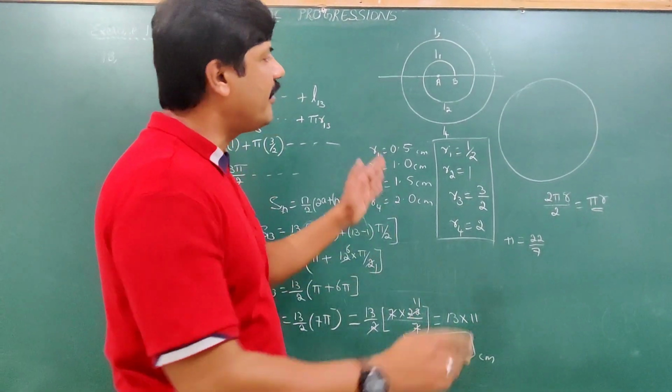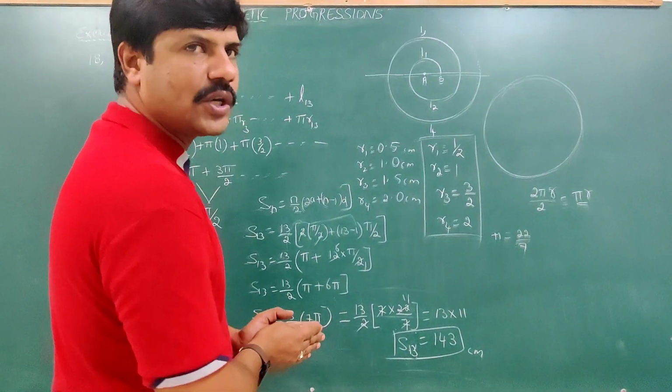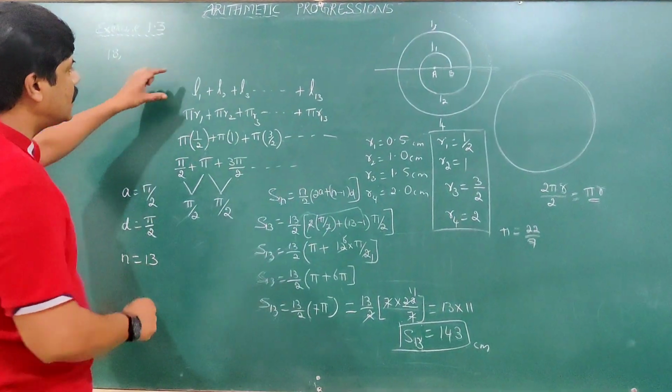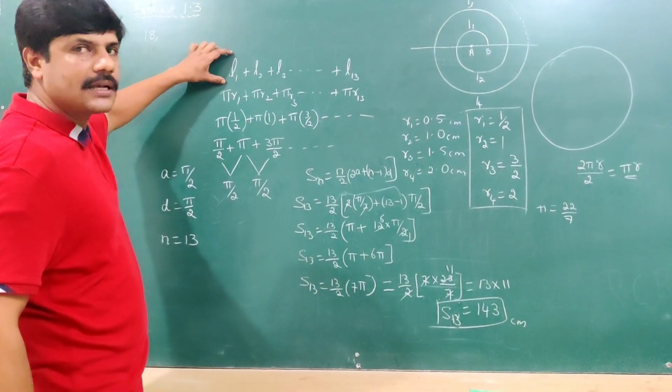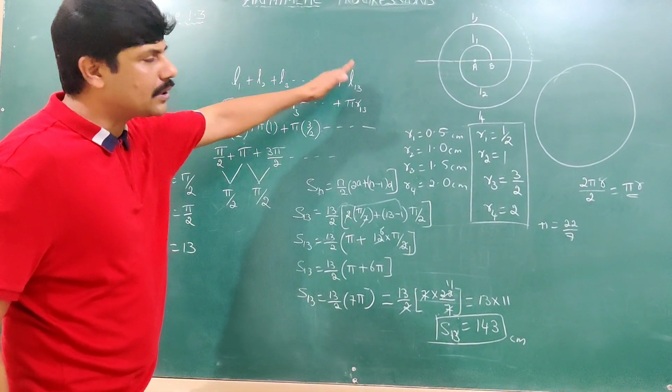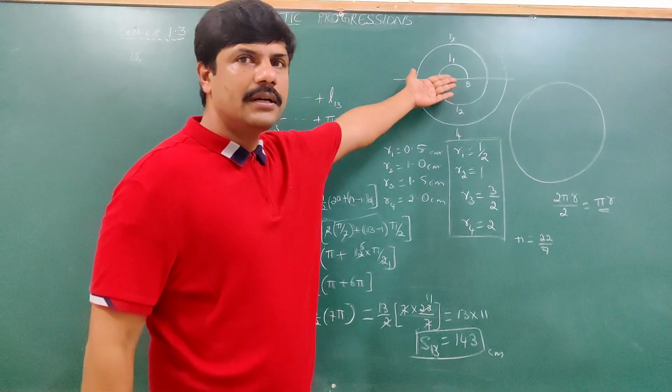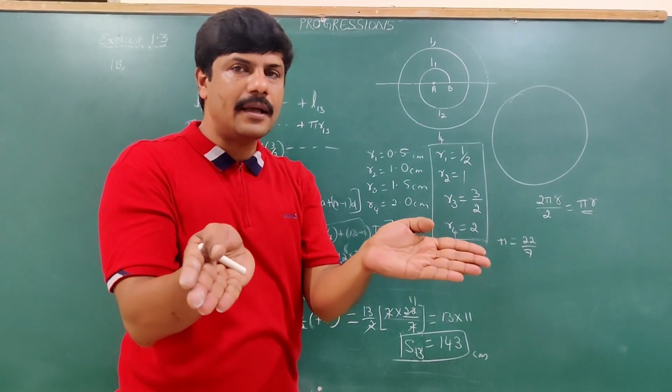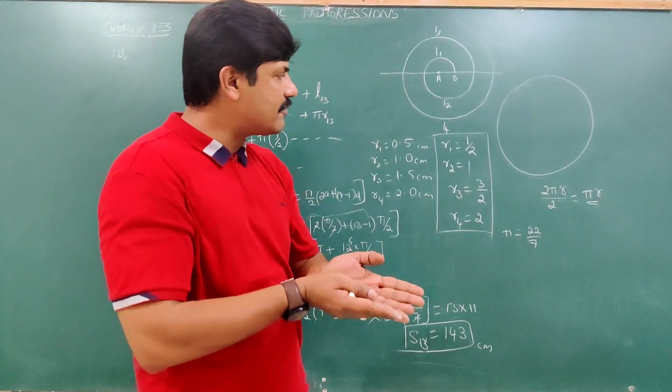How did we get it? We got it in a very easy way by collecting all the data. The length of the first semicircle, the length of the second semicircle, the third, up to the 13th. How do you find length? By the circumference formula.